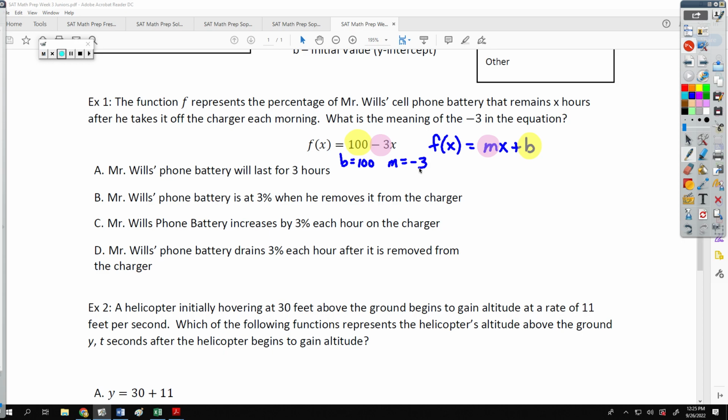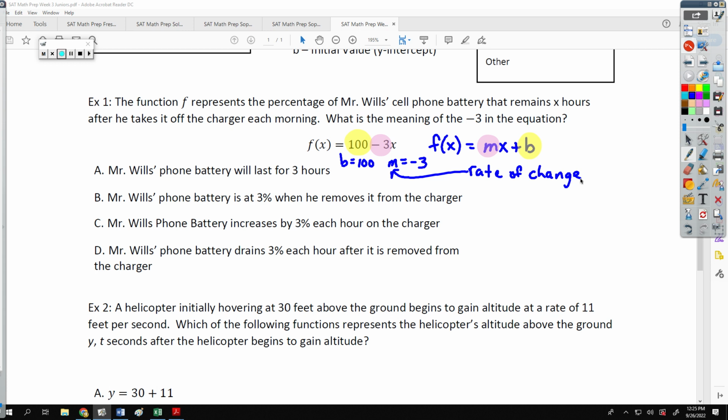Now remember that slope is also known as a rate of change, and it's always going to be the change in y, which is cell phone battery, over the change in x, which is hours.